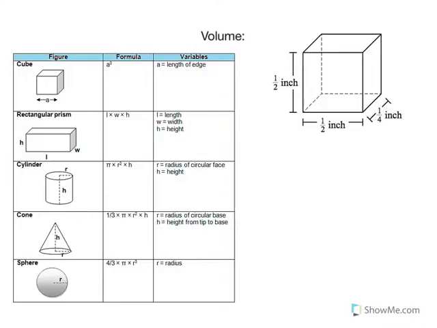Okay, so as you see by the formula, the volume of a rectangular prism is length times width times height.